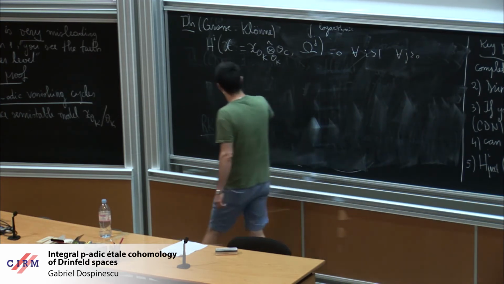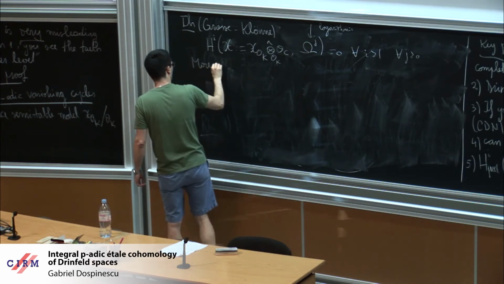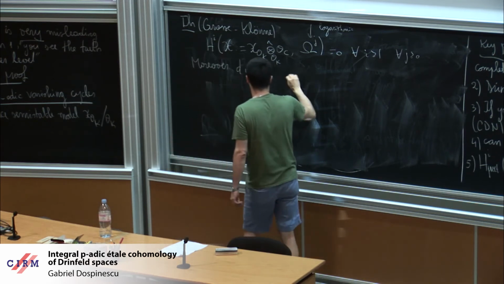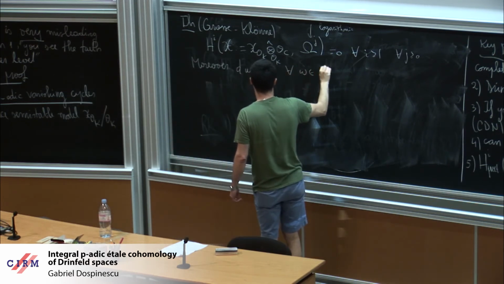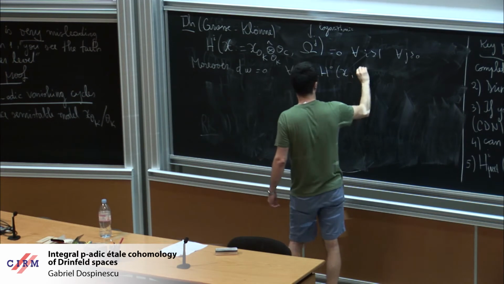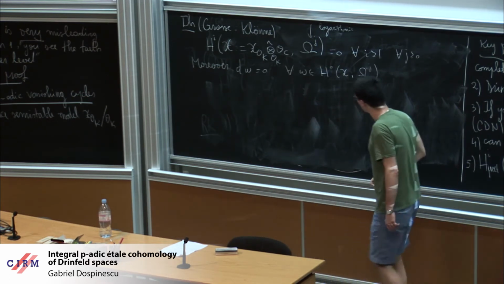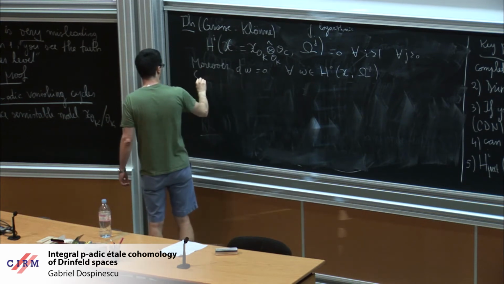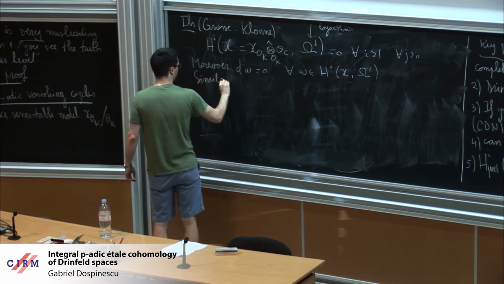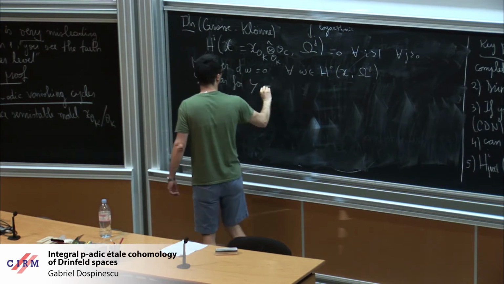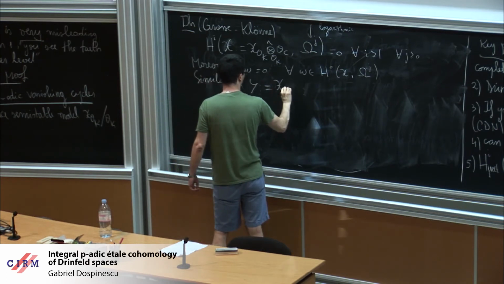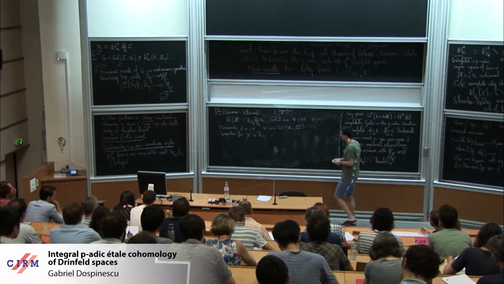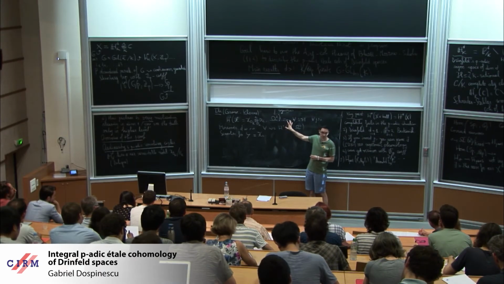And moreover, all global forms are killed by the differential. And you have an exactly similar statement on the special fiber. So, well, this is a very beautiful result, but unfortunately the proof is very involved.